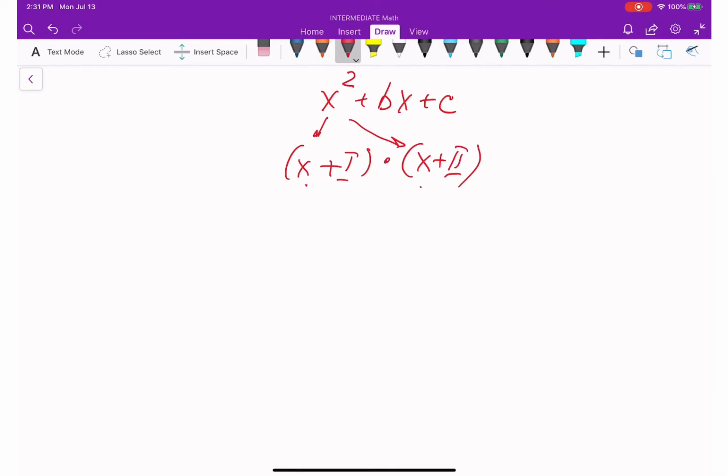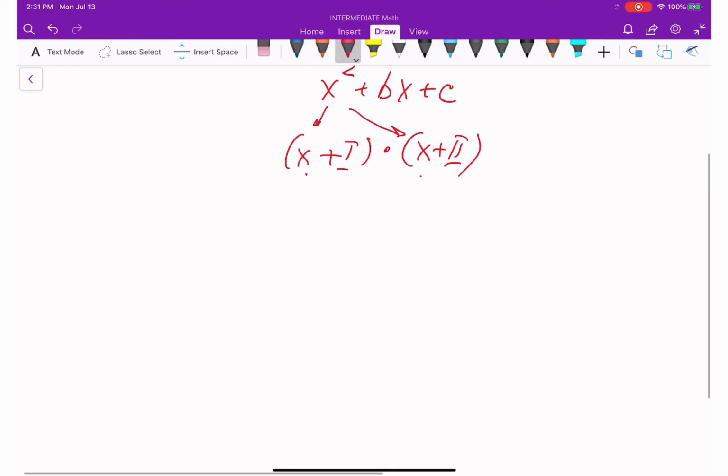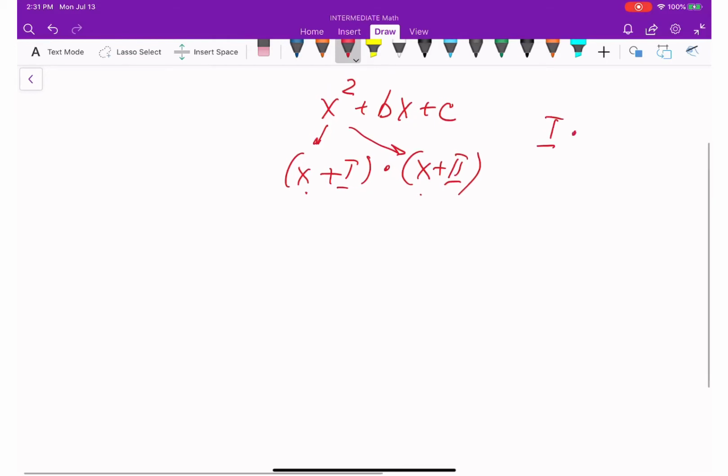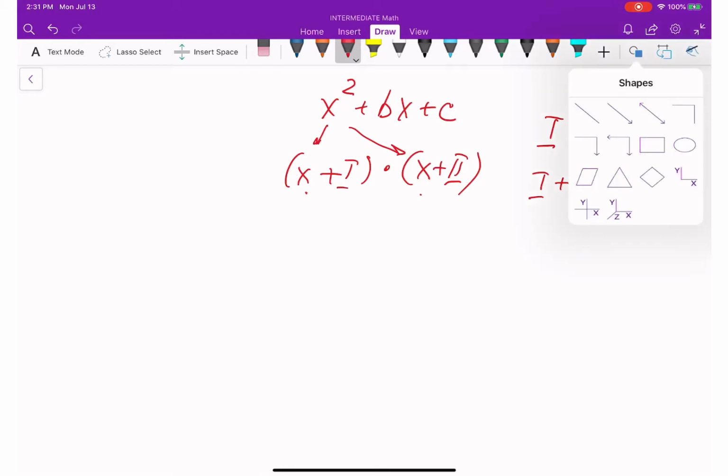The bottom line is these numbers 1 and 2 have to be such that when I multiply number 1 by number 2, I get the value of c. And when I add number 1 to number 2, I get b. Okay?